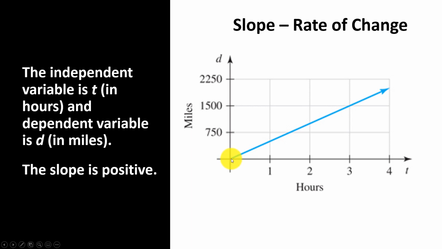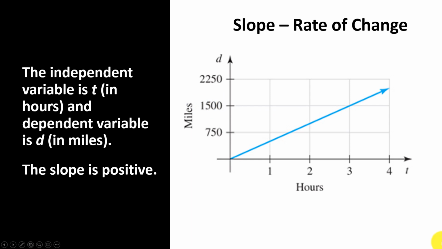So here we start at t is 0 hours. Well, that would mean d is 0 miles. So this is going through the origin, (0, 0). Here we have an ordered pair. When t is 3, d is equal to 1500.